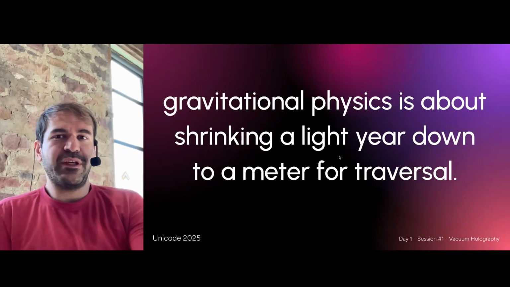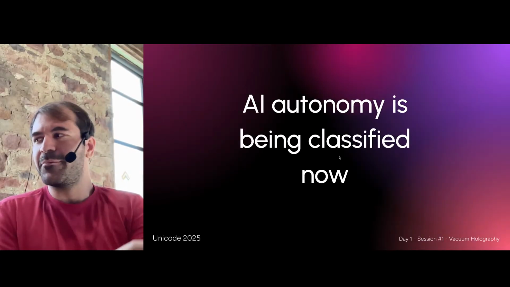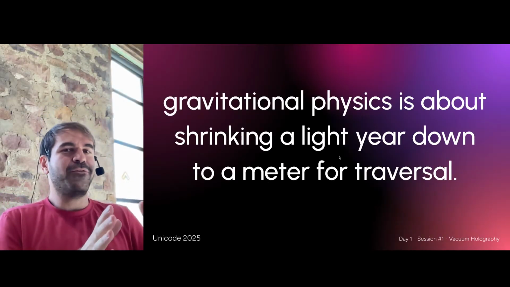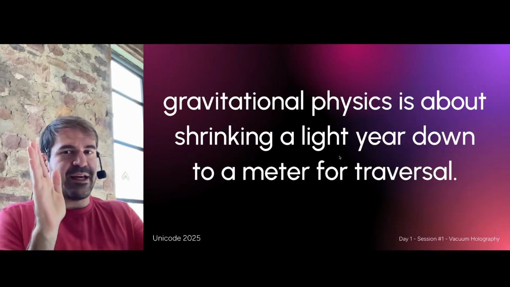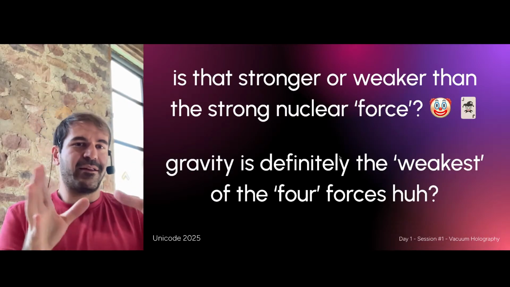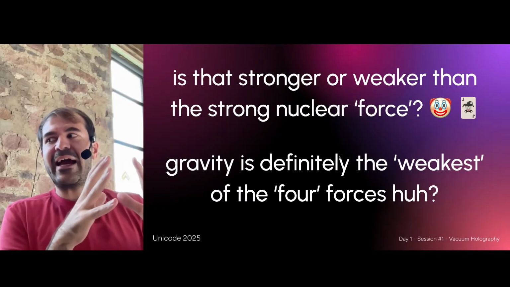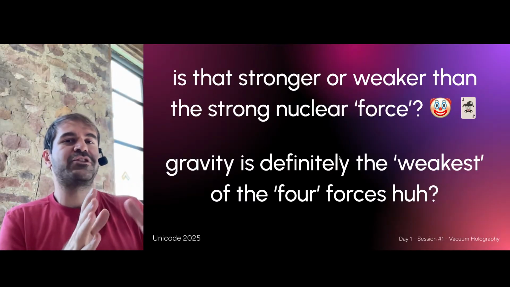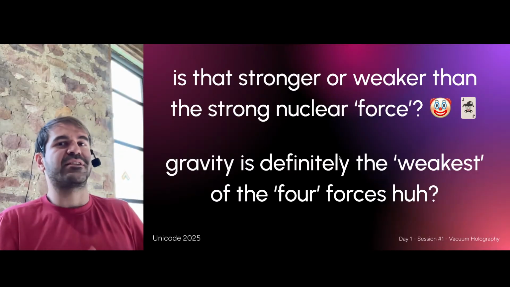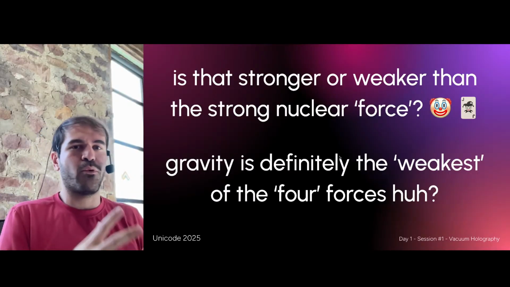To bring these two things together, I'm going to do that in a second. Gravitational physics is about shrinking a light year down to a meter for traversal, like we said. And I like presenting this here too: is that stronger or weaker than the strong nuclear force? Because there's a common trope in physics that gravity is the weakest of the four forces.